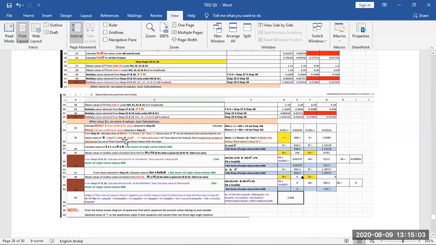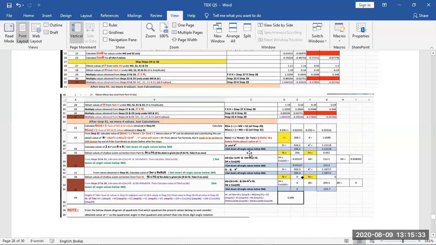Then we divide these values and take the tan inverse, so we get small r, and then we convert it into 360 notation. For capital R, we just square these as we saw: R sine r squared plus R cos r squared, then take the square root of the answer, which gives this value.